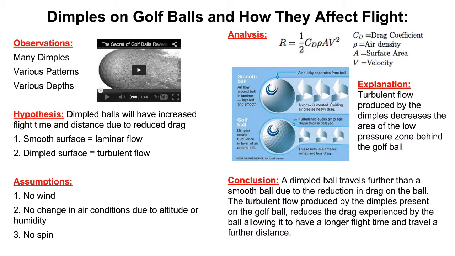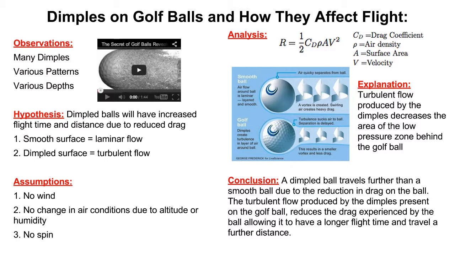When we're looking at the dynamics behind a dimpled golf ball, we see that as the golf ball is in flight, the dimples cause the air flowing around the ball to become turbulent and to stay closer to the ball's surface. This turbulence causes the air to hug the surface of the golf ball closer, and since it's hugging the golf ball closer, it creates a smaller area of the low pressure zone behind the golf ball.